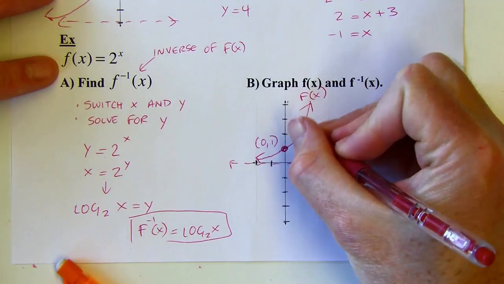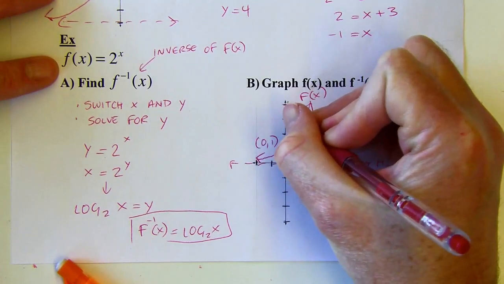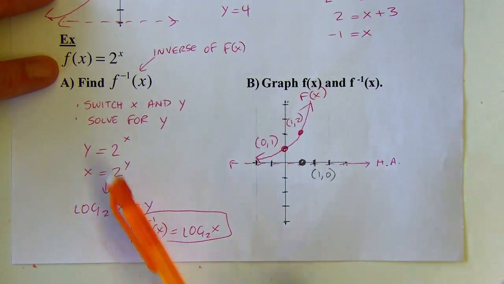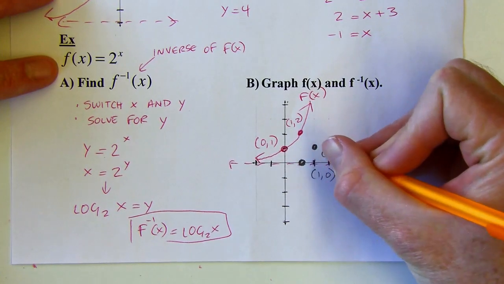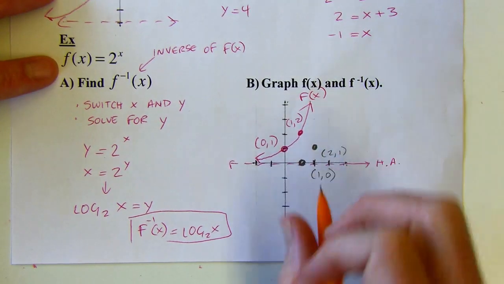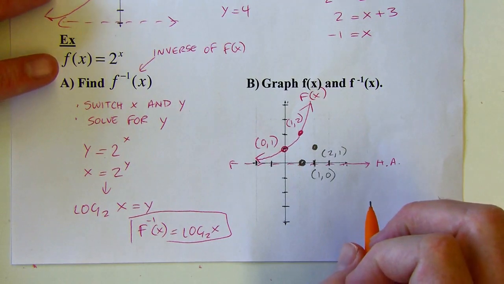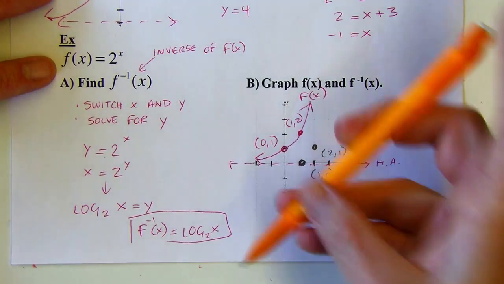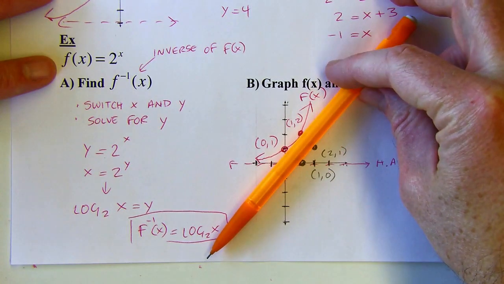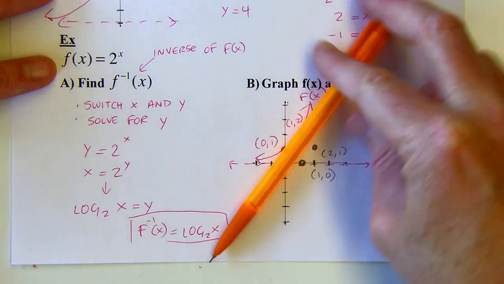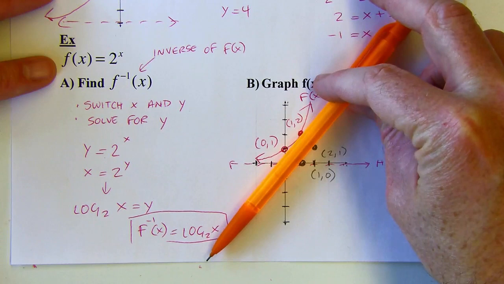This was the point 1, 2. 1, 2 was on the original function. That means 2, 1 is going to be on the inverse. So if you just switch the x-y pairs, okay? So this is actually going to get reflected over the line y equals x. You might remember that from geometry, okay? So it's going to be kind of a mirror image over this line.